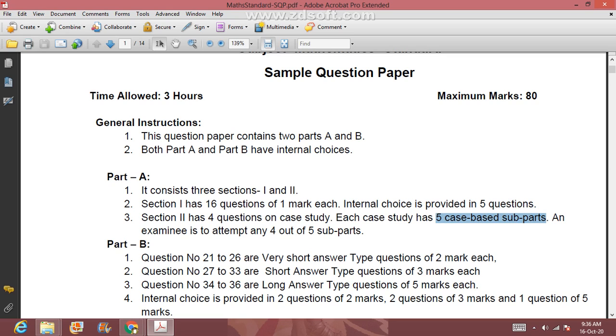An examinee has to attempt any 4 out of 5 subparts. So in question numbers 17, 18, 19, 20, there are 5 questions in each one. Out of that 5, you have to solve 4.